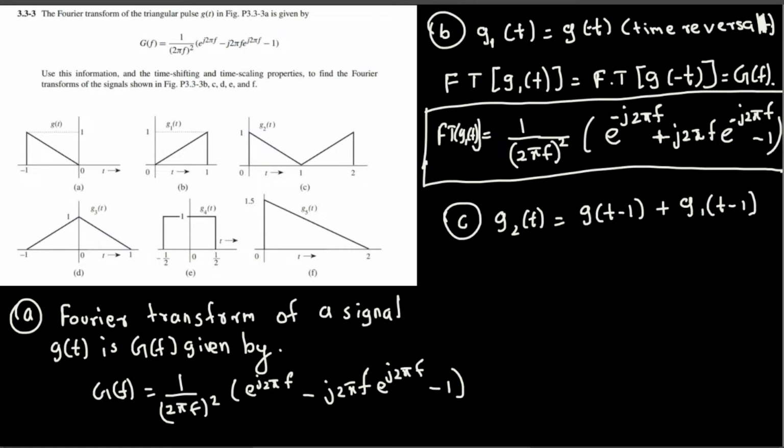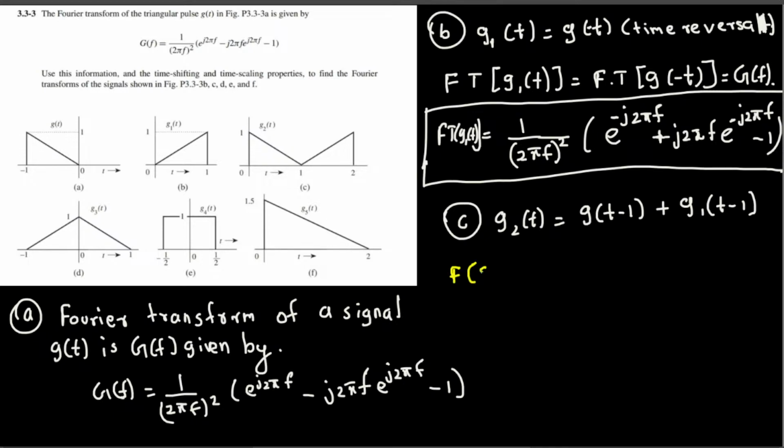Okay, I'm going to use a different color for this because I don't want to mess up this. So this is true for this, then the Fourier transform is also basically the addition of these two.